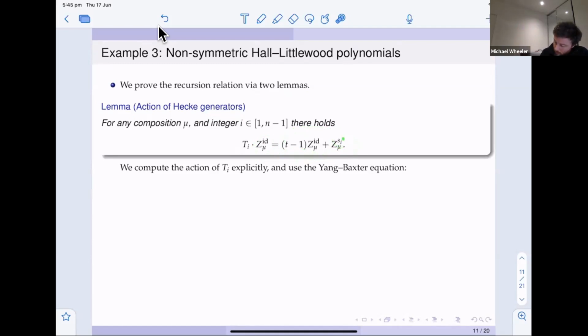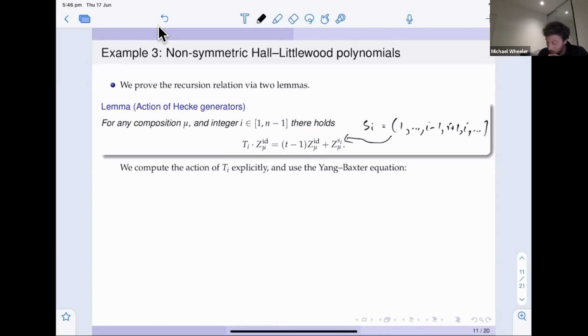So in one line notation, this s_i is just 1 up to i minus 1, i plus 1, and then i. Okay, so that's what's being fed in.